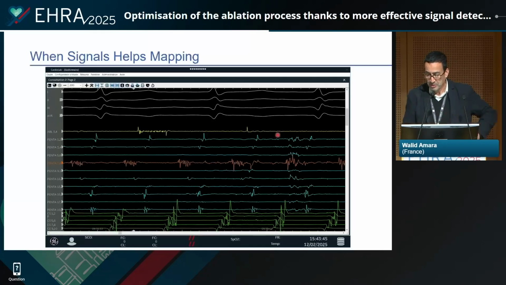Why is it important? First, because this helps you to identify this kind of potentials, some fragmented potential, very nice potential. And usually I ask my engineer, target me this one, or look at that.